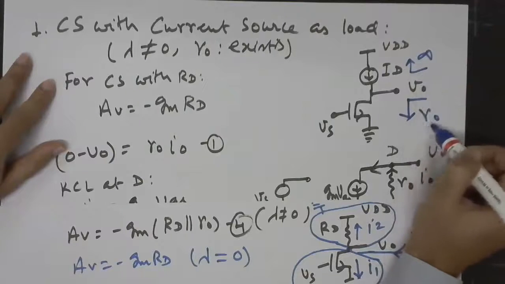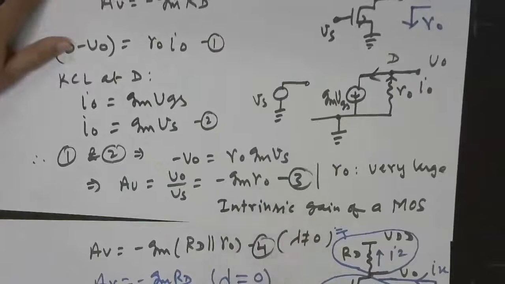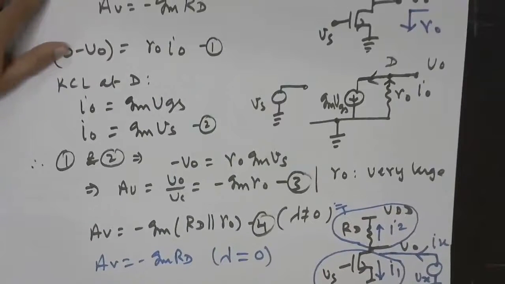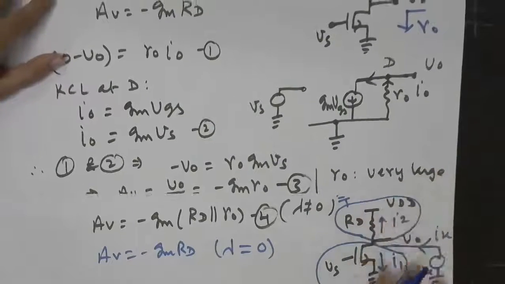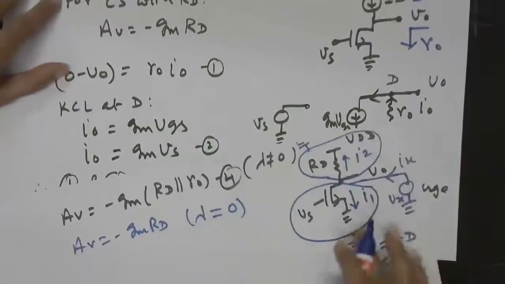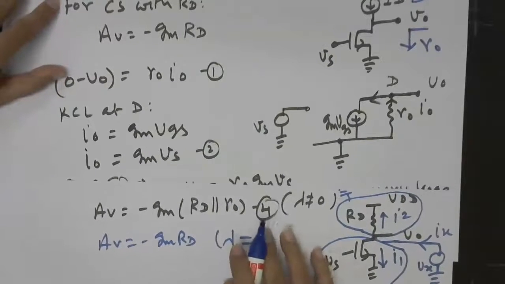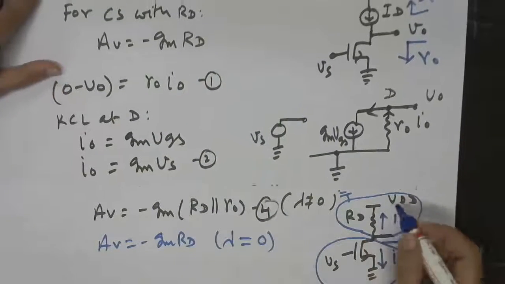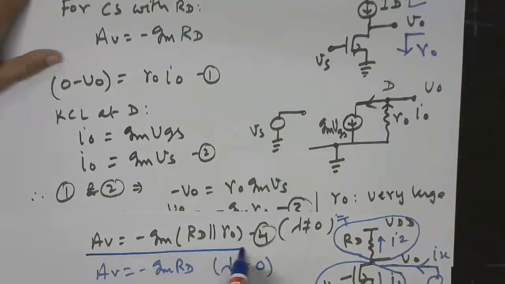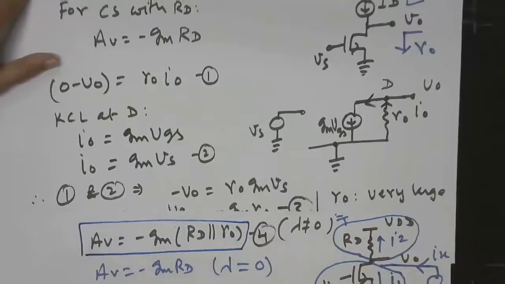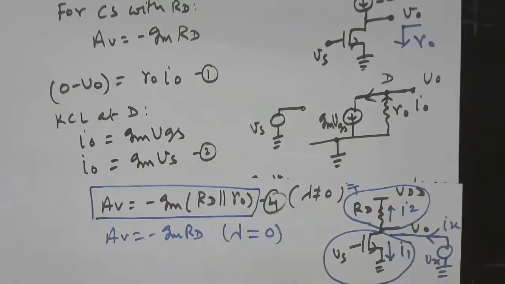So the parallel of these two is of course going to be ro, and that is what we have got here. So for this simple case, common source with RD with lambda equal to 0 or lambda not equal to 0, or with a current source, all the results actually come out of this general result that we have got here, right?